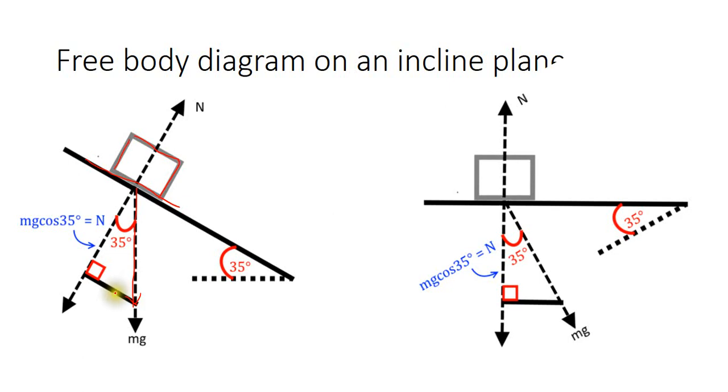Now, whenever you have this type of situation and we want to see the forces acting, we have to take into account resolving the weight force, because the object is on an incline. It is hard for us to add the forces together and see the relationship between the normal reaction force and the downward force.